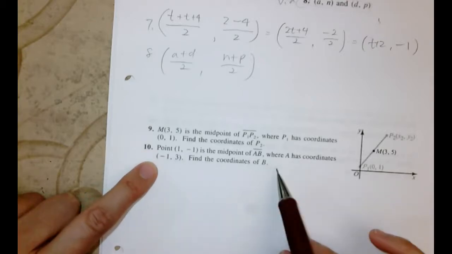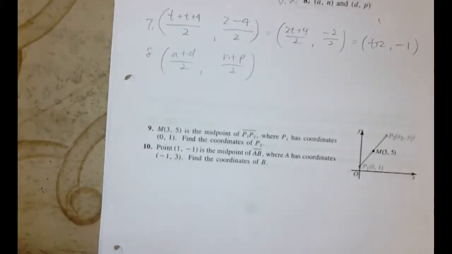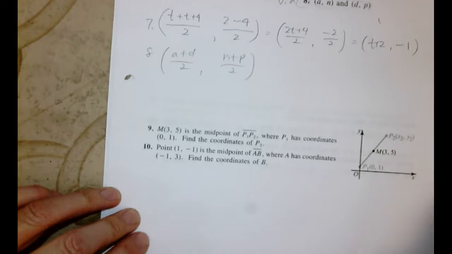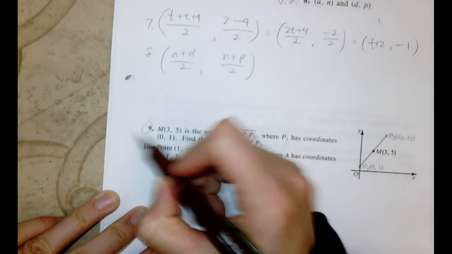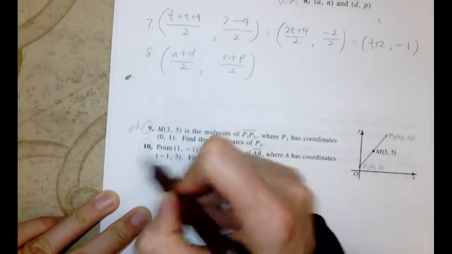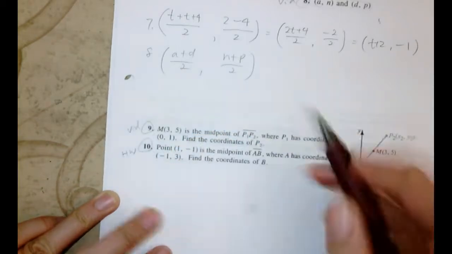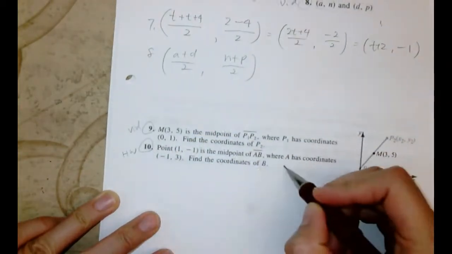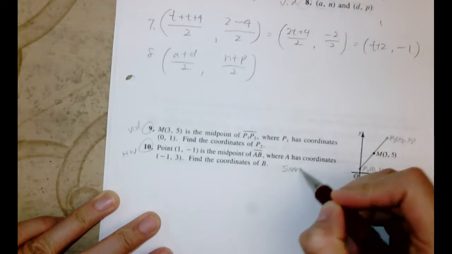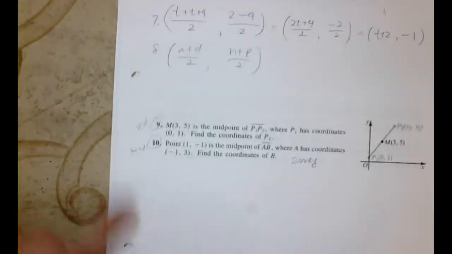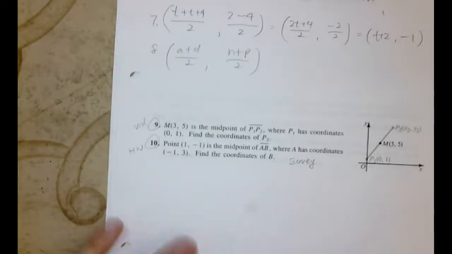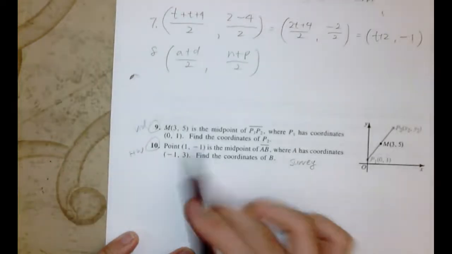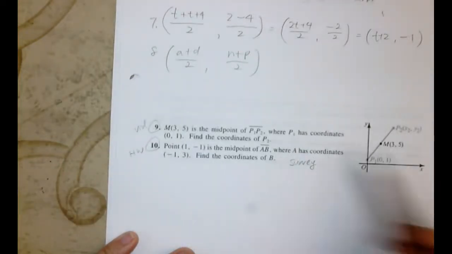Find the coordinate of B. Okay, so since there's no homework on either one, I'm going to do this one on the video, and I'm going to make you do this one for homework, and I'm going to make this a survey question. See if you can do this. If you follow what I do on 9, you should be able to get this. Okay? All right.